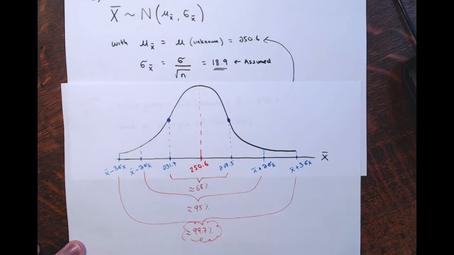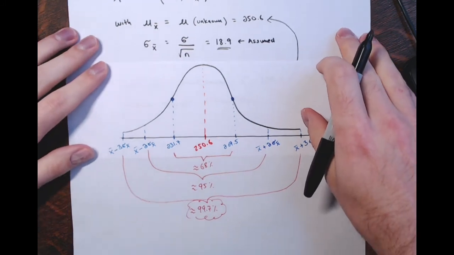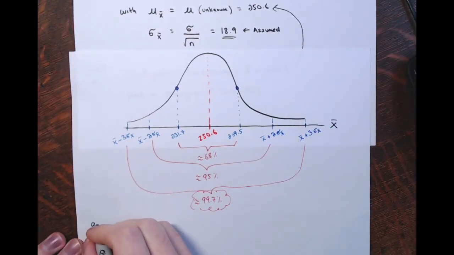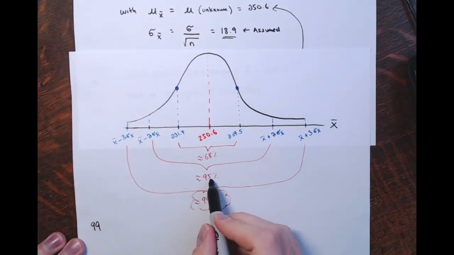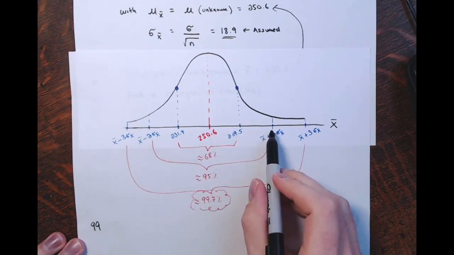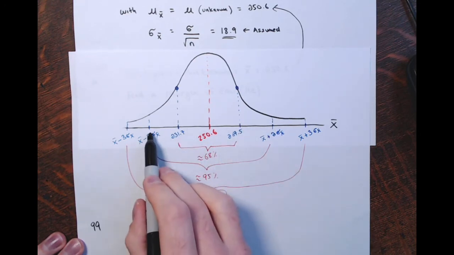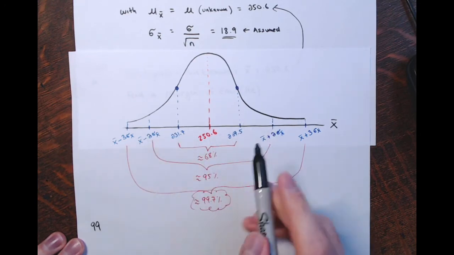We were asked to construct a 99.7% confidence interval for the true population mean. Now if I was creating a 95% interval, it would be these two values, the 2 standard deviations below and 2 standard deviations above.